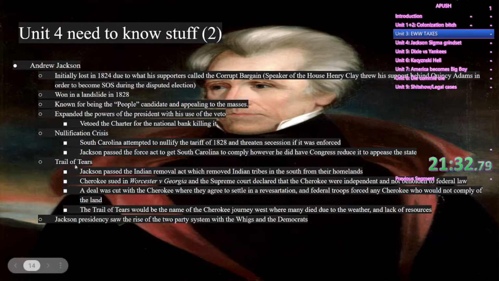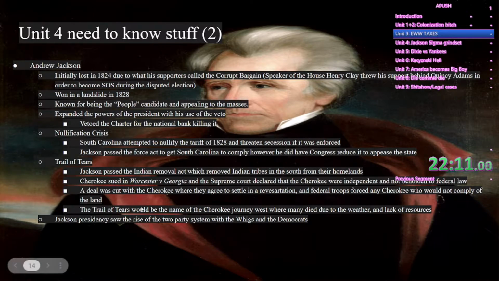Then you also have the Trail of Tears. Basically, Jackson passed the Indian Removal Act, which would remove the Cherokee from their native homeland in Georgia. Cherokee sued in the case called Worcester versus Georgia, and despite the Supreme Court granting the victory to the Cherokee, they were still forced off their land, where they agreed to settle in a reservation west of the Mississippi, and federal troops forced any Cherokee who would not comply off the land in Georgia.